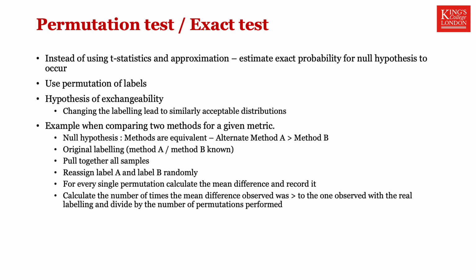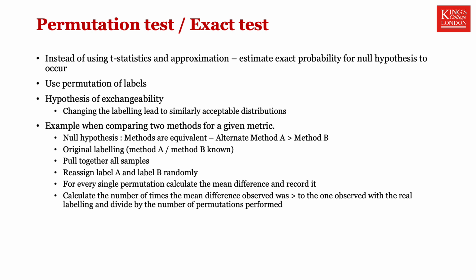So an example is when you compare two methods for a given metric. You have the null hypothesis that the methods are equivalent, and the alternate hypothesis, for instance, that method A is better than method B for a given metric. So with your original labeling for method A and method B, you can calculate, for instance, the mean of results for method A and the mean for method B. And then what you do is you pool together all the samples and reassign label A and label B randomly.